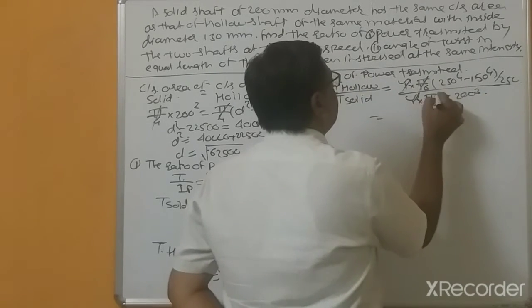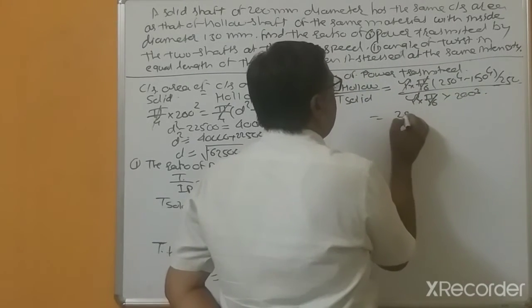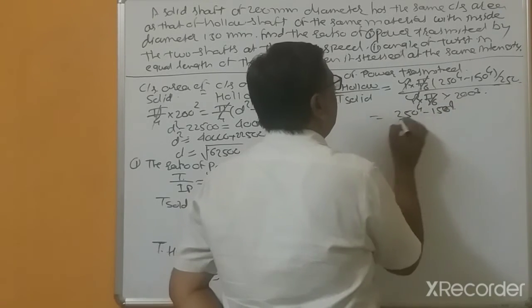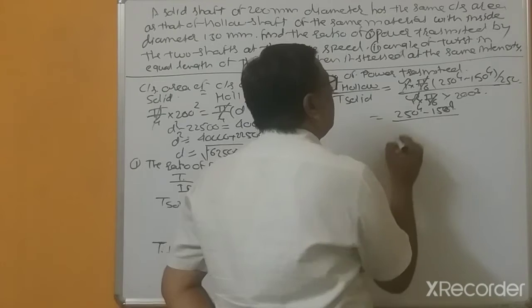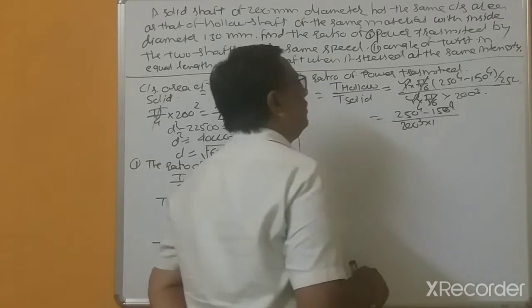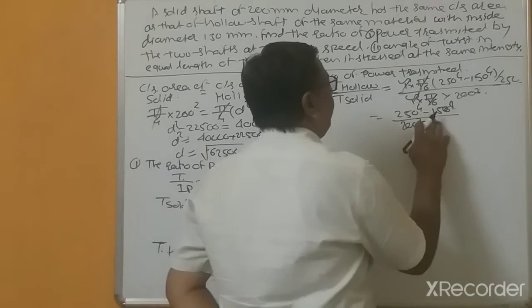So the common terms will get cancelled. What is remaining is 250 raised to 4 minus 150 raised to 4, divided by 200 cube into 250.